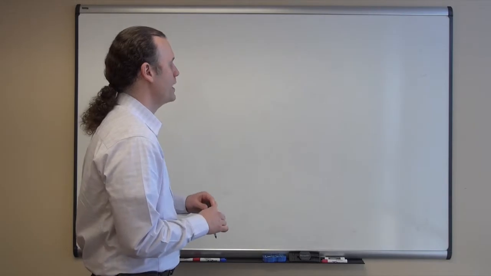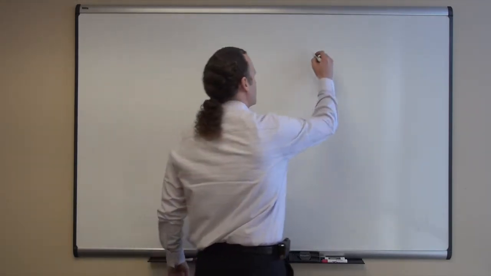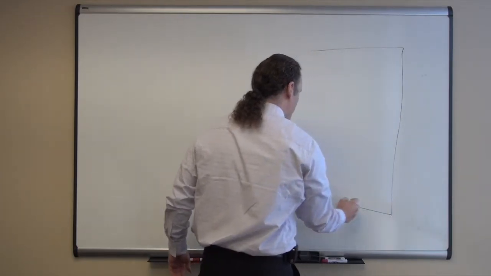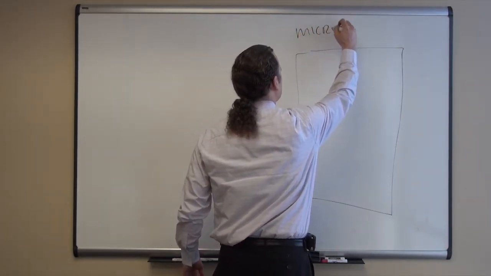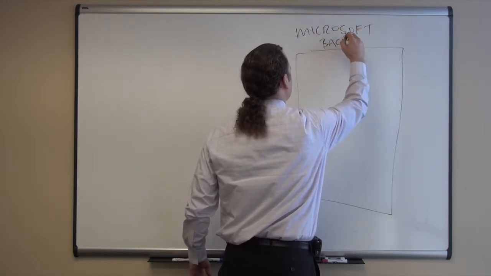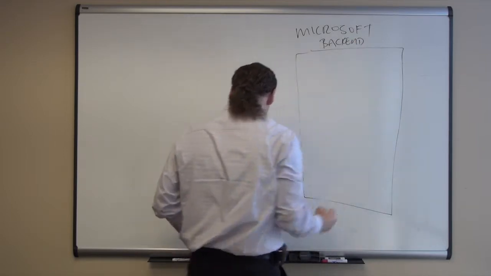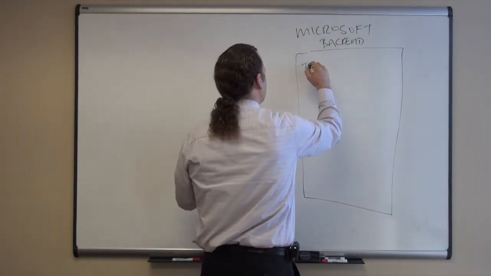So on the right-hand side here, I'm going to draw a typical Microsoft backend. Inside this backend, we're going to have some of the key technologies. So there's our backend. You can imagine some of the key technologies in the backend. We have things like BizTalk Server.